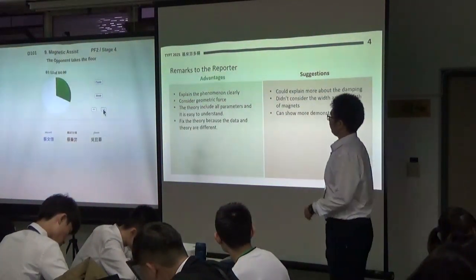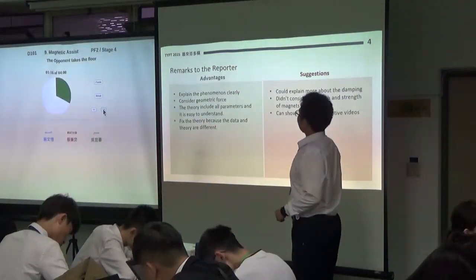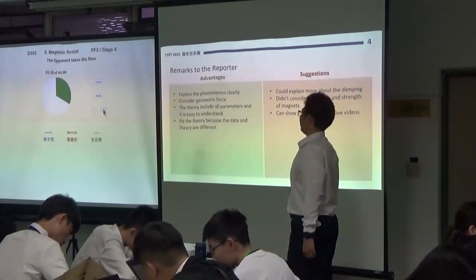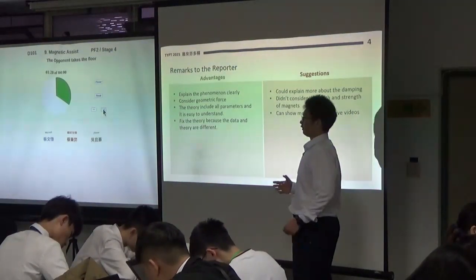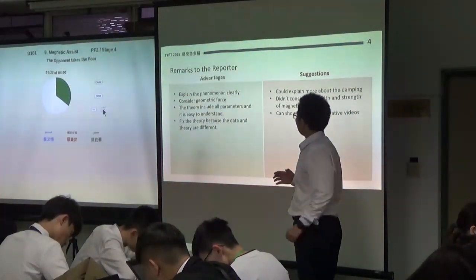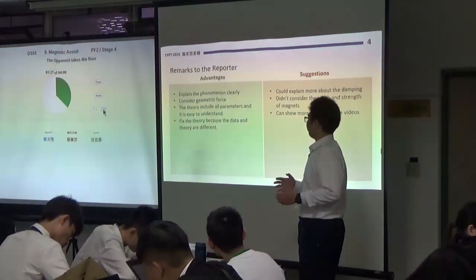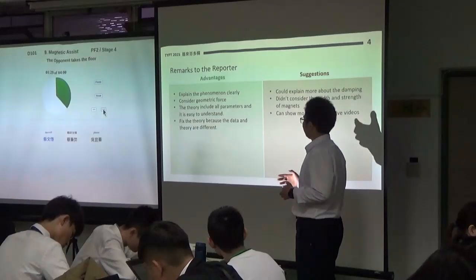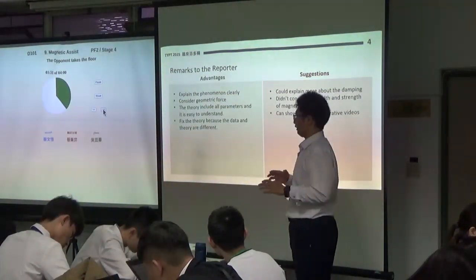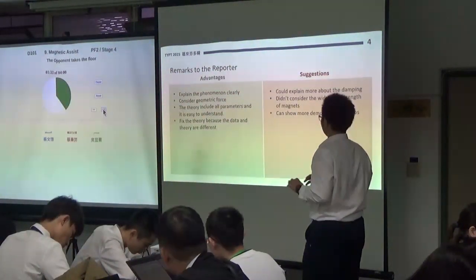So the advantage of their report is they explain the phenomenon clearly and consider geometric force. And the theory includes all parameters and it is easy to understand. And they fix the theory because the data and the theory are different from each other.